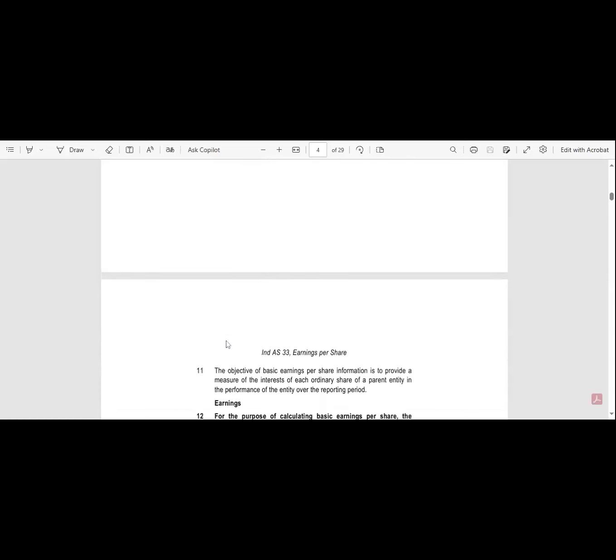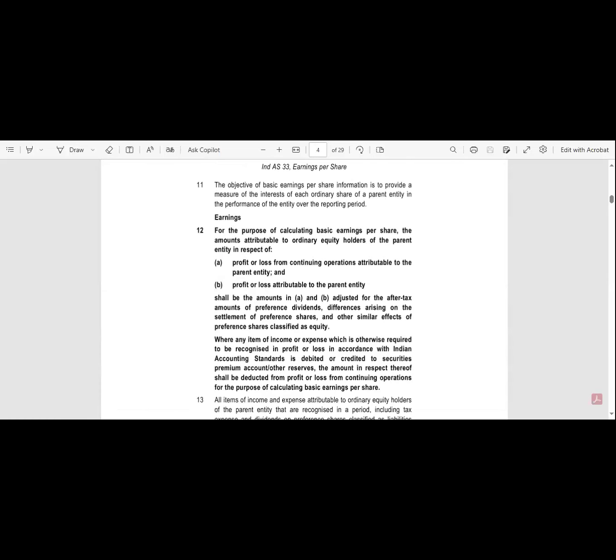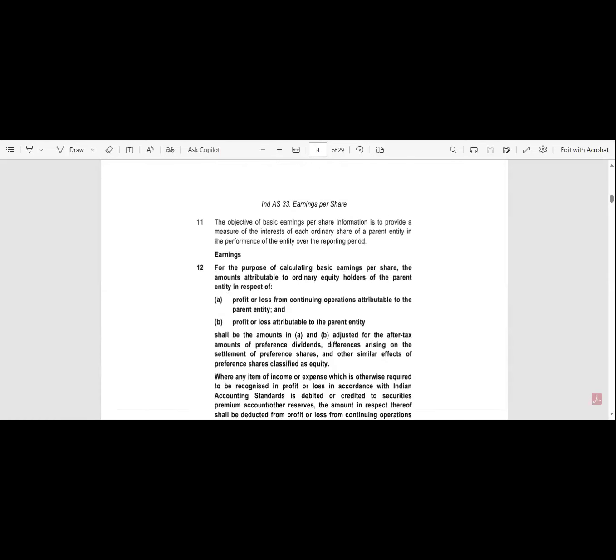If you read, that is what is meant by earnings. The earnings definition is given here: for the purpose of calculating the basic earning per share, the amount attributable to ordinary equity holders of the parent is the profit or loss from continuing operations attributable to the parent entity. The profit we calculate is the net profit.